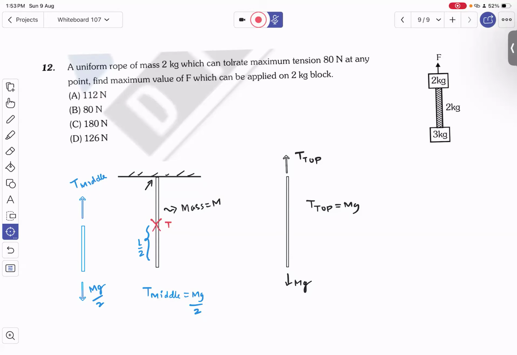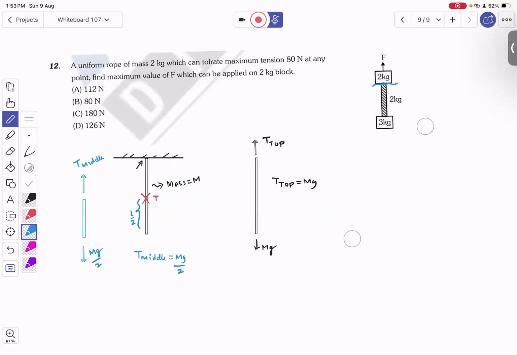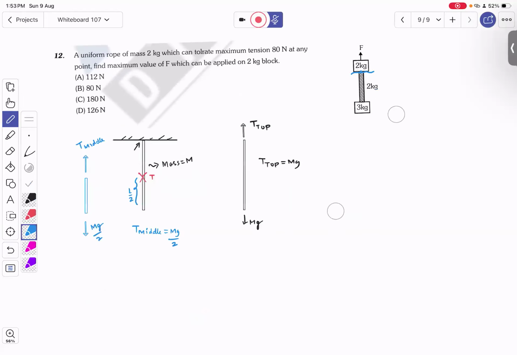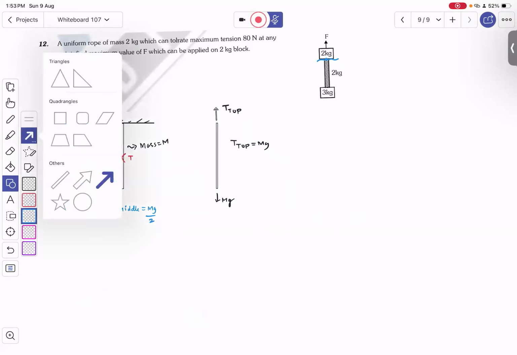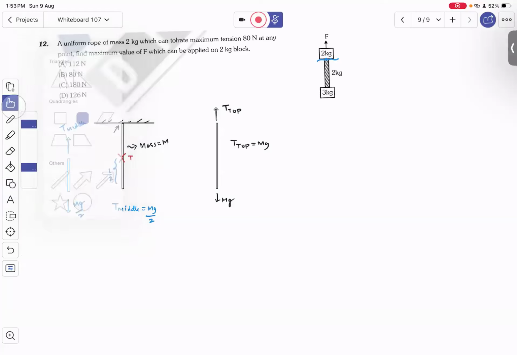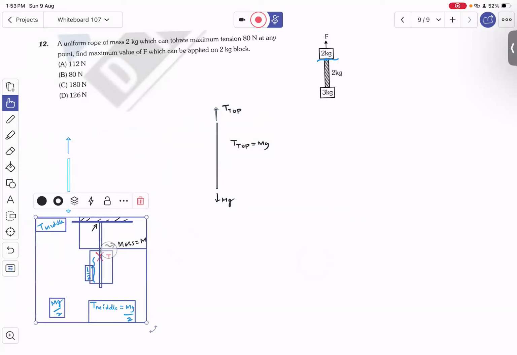Now you draw the FBD. So consider the tension here is T. You disconnect the rope from here and draw the free body diagram of the 2 kg block and the remaining part. While I am drawing the diagram here, you try to draw it in your head at least. So these things are easy only. Tension in a rope, how can it be difficult, no?